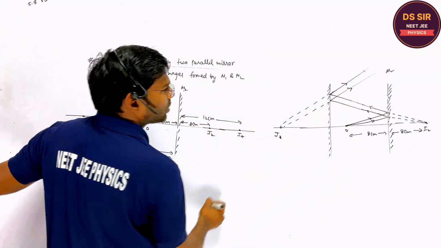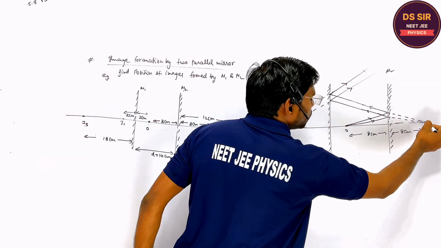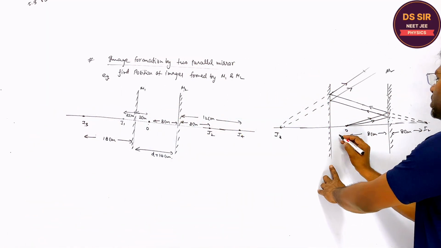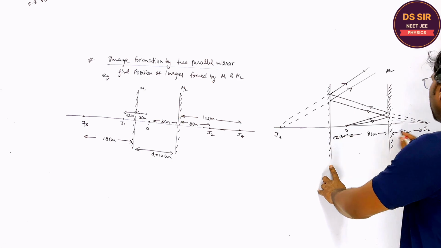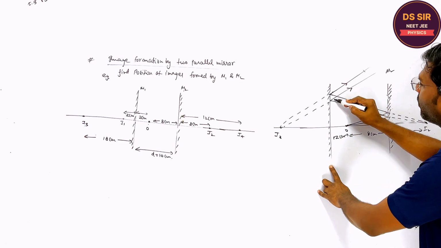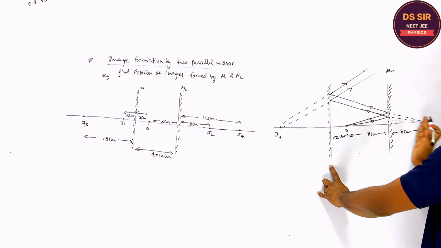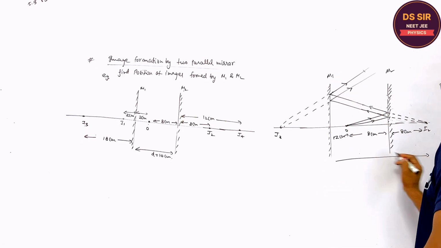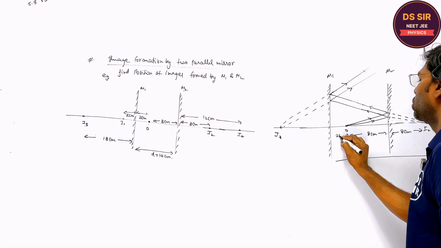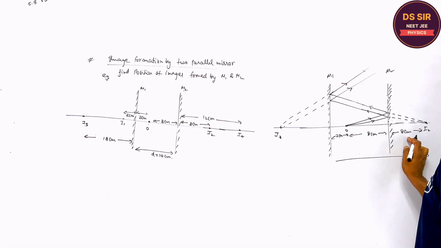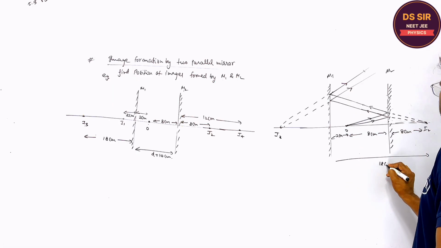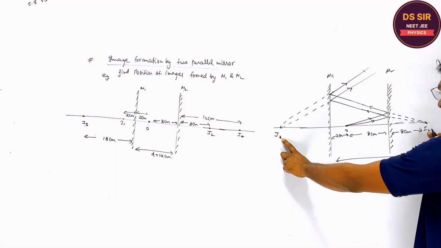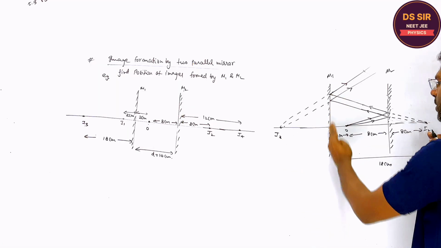Is it clear or not, you tell? So this image is I2 and this is the mirror. What is the separation? These light rays act as an object placed in front of mirror M1. So what is this distance? This distance is 2 centimeter plus 8 plus 8, which is 18 centimeter. So the image I3 is formed of I2 by the mirror M1.